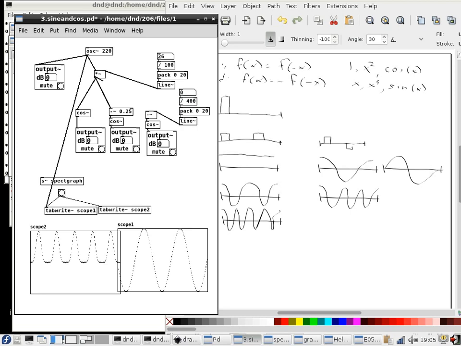Now I'm going to subtract that from my sinusoid and take the cosine, so that if it's zero, there's nothing happening and it's cosine. If it's a quarter cycle, then we're subtracting a quarter, so I'll put 100 here, and I get the sine, and anywhere in between, I have a continuous control between the odd and even harmonics.